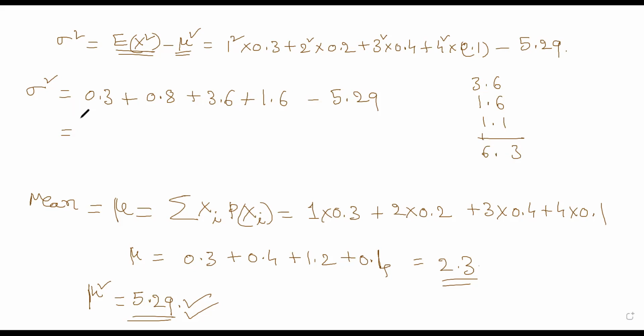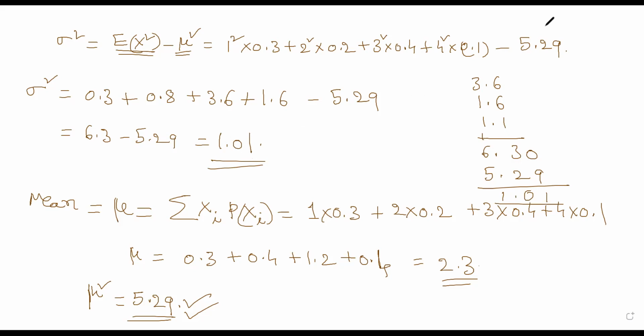So it is 6.3 minus 5.29. So it will be 10 minus 9, which is 1, so 1.01. So the answer here is 1.01, which is the variance. Clear? Noted? Okay, fine. Good. Now we'll move on to the next question.